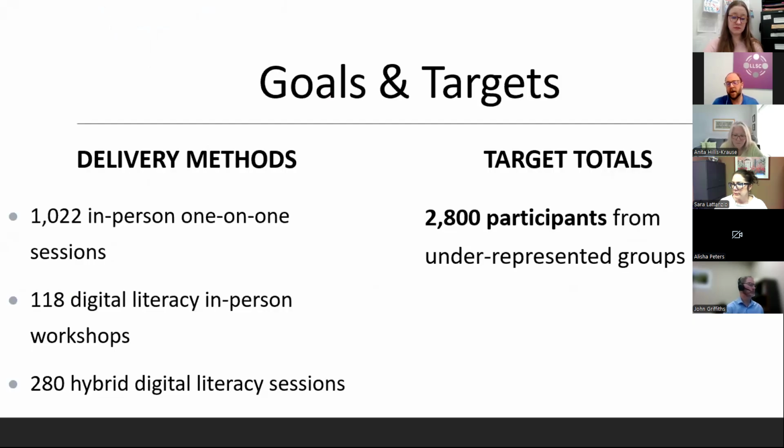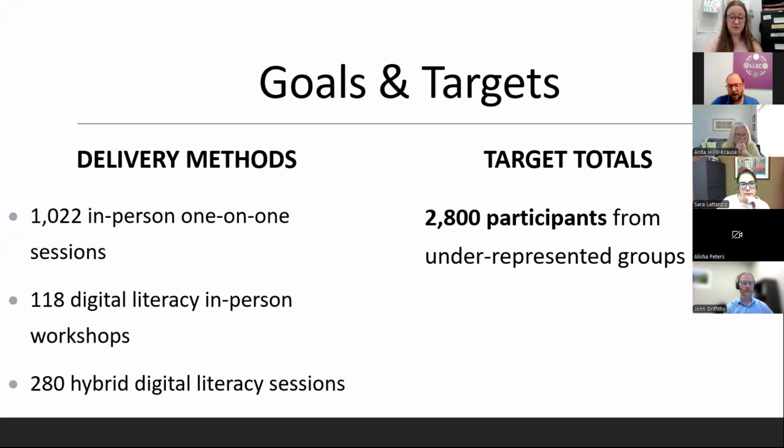And so a brief mention about our goals and targets. Over the course of our 3-year project, of which 2 years have been delivery, our goal was to deliver 1,022 in-person one-on-one sessions, 118 digital literacy in-person workshops, and 280 hybrid digital literacy sessions, a combination of both in-person and online, with the intention of serving 2,800 learners.